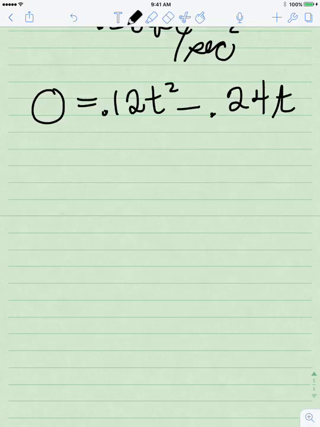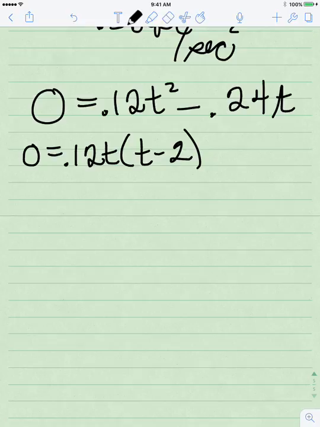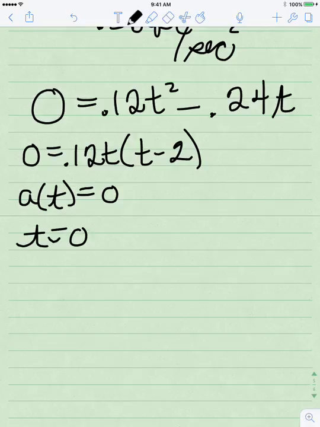All right, so I can factor out actually. So 0 equals 0.12 t. I can factor that out, and I'm left with t minus 2. And my acceleration is 0 when t is 0 and at t equals 2.